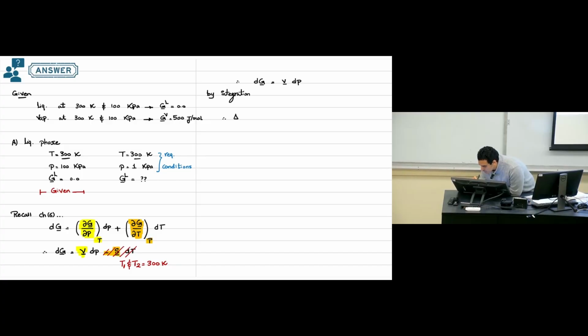Then delta G, which is G2 of liquid at case number 2 minus molar Gibbs free energy of liquid at case number 1, equals the integration from the first pressure to the second pressure of molar volume dP.